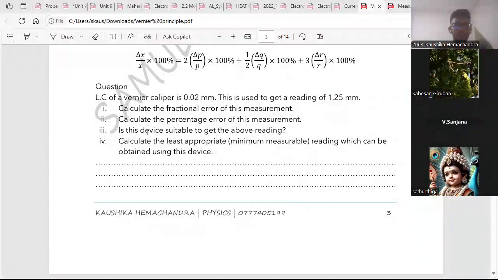Here you will have to get the percentage value also, because they ask, is this device suitable to get the above reading?